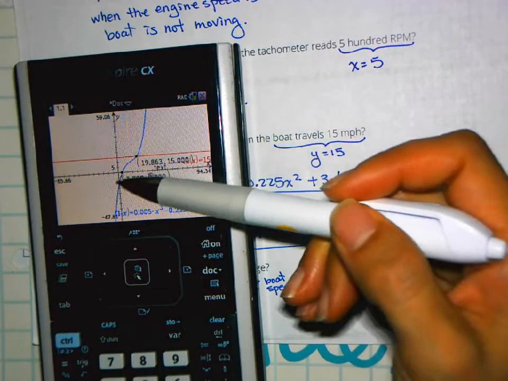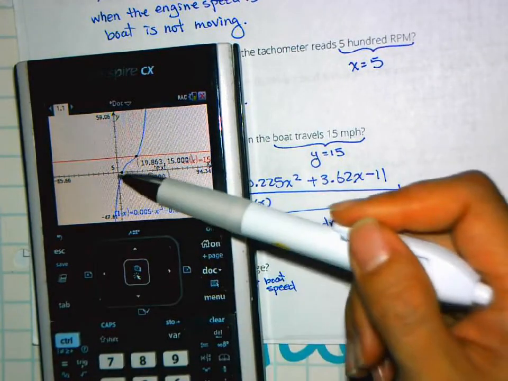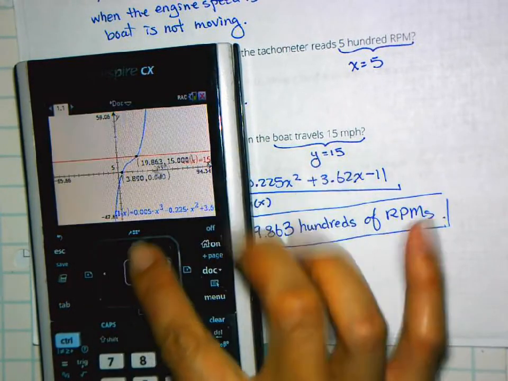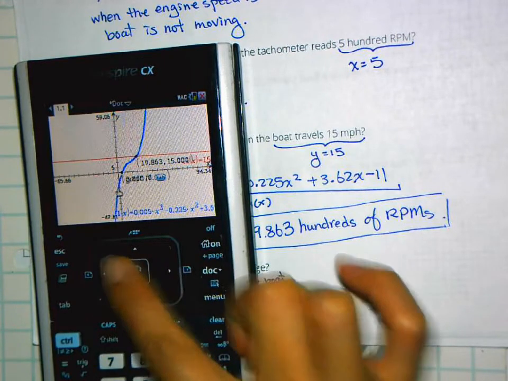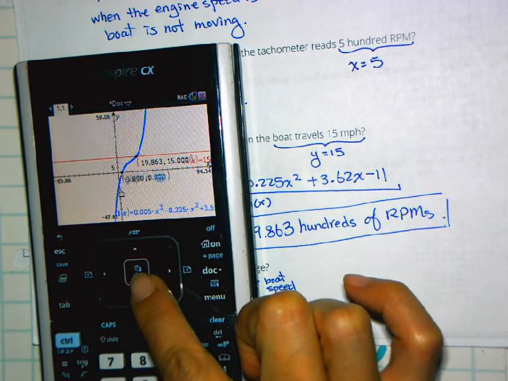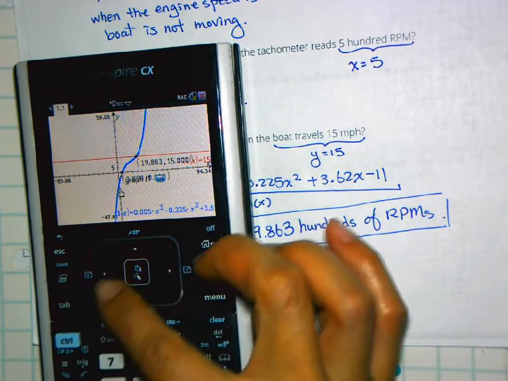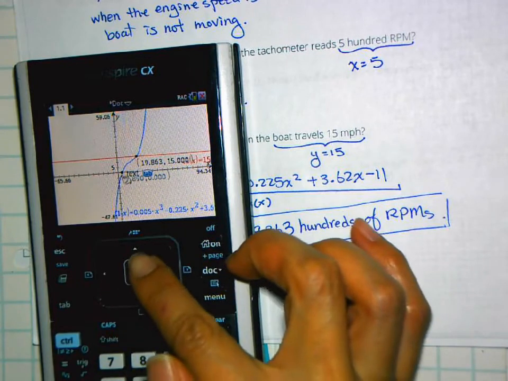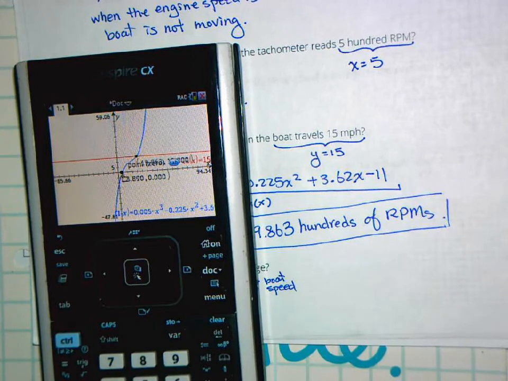What happens when your engine speed is at 0? Well, if you look at the graph right here, when engine speed is at 0, your boat speed is actually negative. Can you get a negative boat speed? Probably not, right? So the most realistic starting point would be when the boat is not moving, right there at your 0.